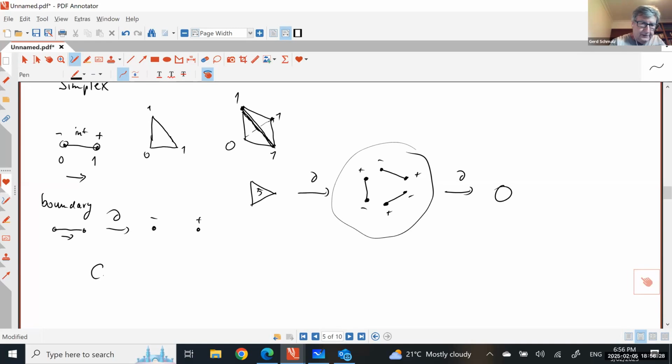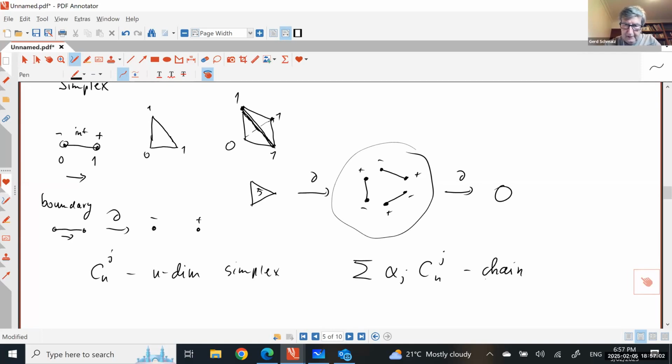Say C^n is some n-dimensional simplex, and we can have many of them, and then the sum of them, say the sum of alpha_j C_j^n, something like this, is called a chain. So a chain of simplices. That's called a chain.